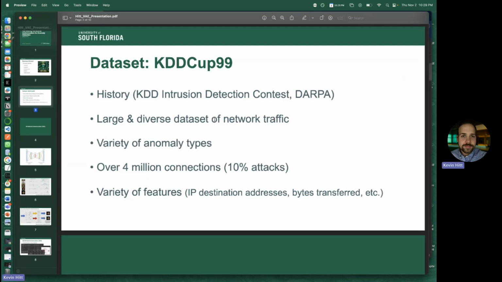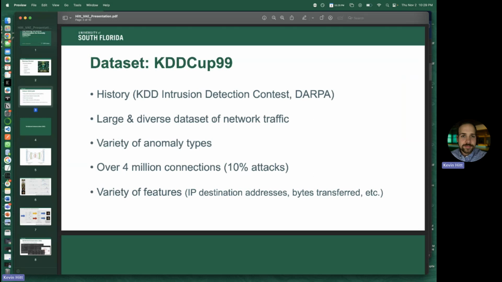To do that, we are going to be trying to evaluate network traffic that is abnormal. And there's a lot of that here in this data set, which originally began as an initiative from the Defense Advanced Research Projects Agency and was redeveloped for an intrusion detection competition the following year, 1999, the KDD Cup.